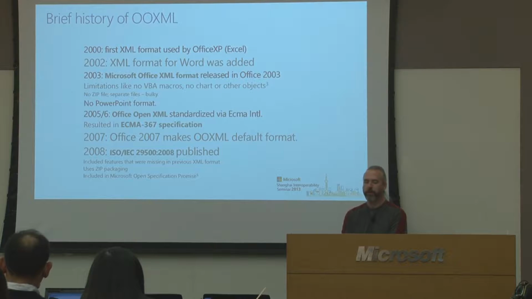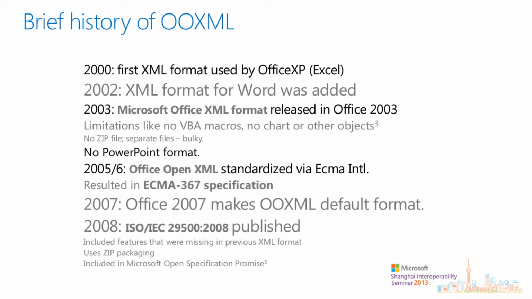So the history of OOXML. In 2000, the first XML-based file format for Excel was released and was used by Office XP. This was followed by a corresponding Word format in 2002.